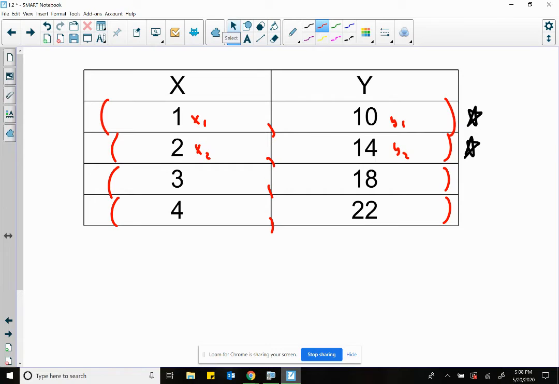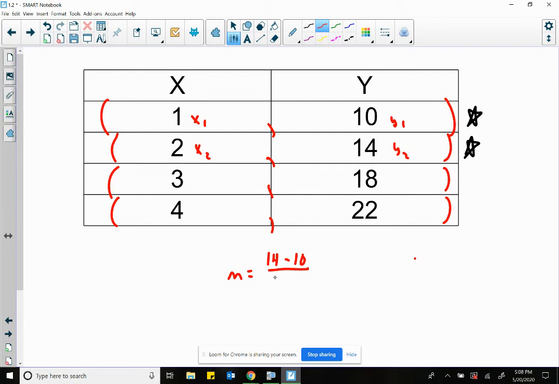Okay, that's why my formula works both ways with y2 minus y1 divided by x2 minus x1, or y1 minus y2 divided by x1 minus x2. That's why it works.